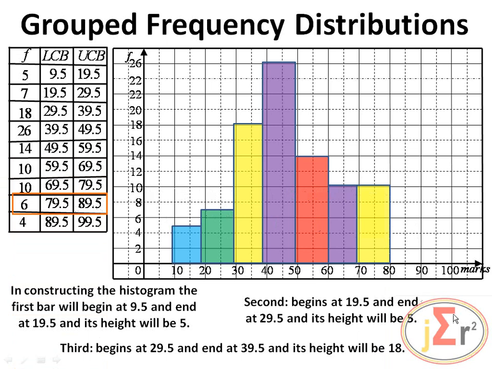So that bar will begin at 79.5, end at 89.5, and its height will be 6, as we can see. And of course the final bar that we have will begin at 89.5, end at 99.5, and its height will be, of course, 4. And that completes our histogram. So we have our lovely histogram.